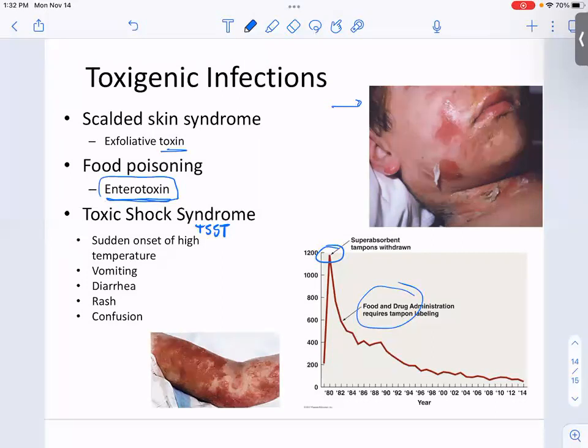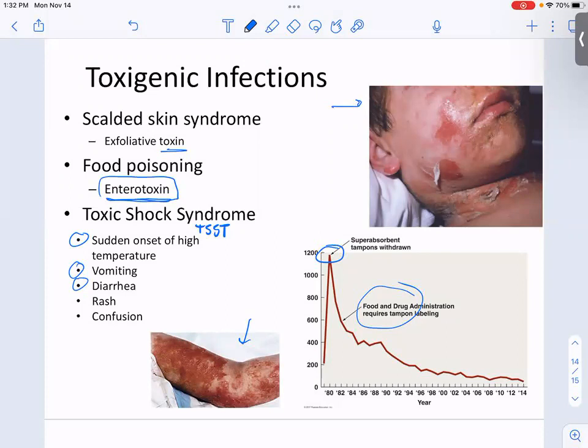So this is rare. Again, Staph aureus will be able to make this toxin, but we see a sudden onset, high temperatures, like 104, 105, vomiting, diarrhea, and a rash that's supposed to look like a sunburn. I don't know, it doesn't really look like sunburn to me, but that's how it's described sometimes.